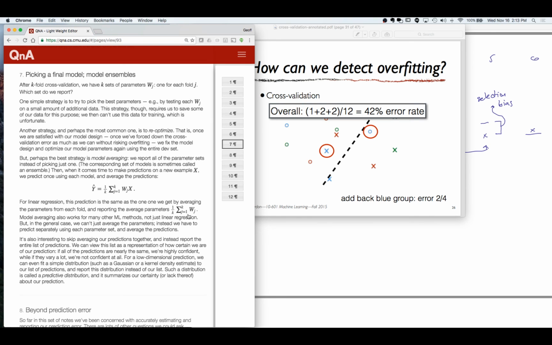And we can go even farther than that, and we can use, let's say, kernel density estimation to fit a distribution for what we think y is given x. So that's going to be an estimate of the conditional distribution of y given x based on the models that we fit.